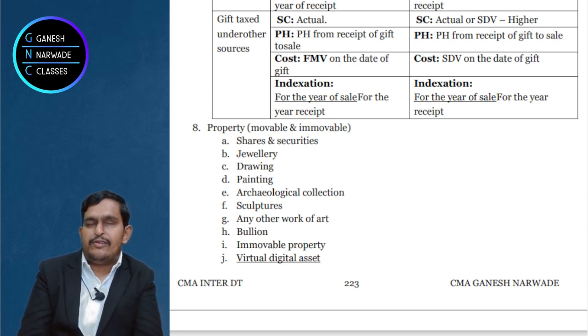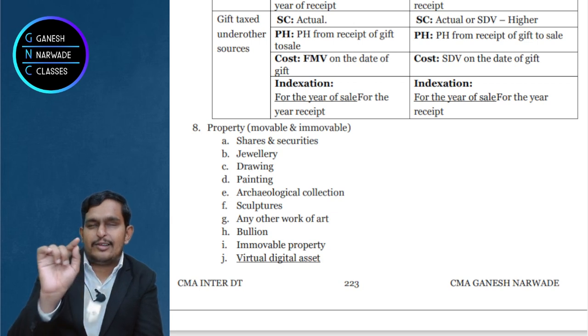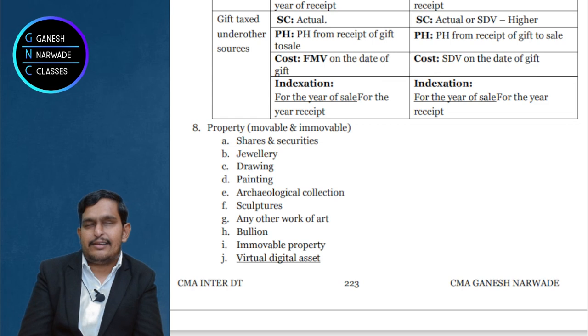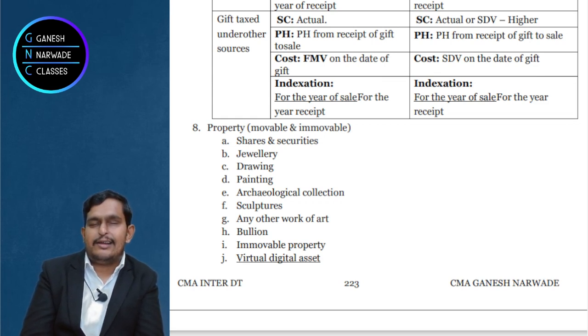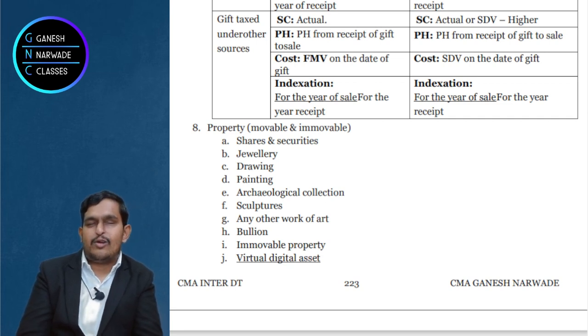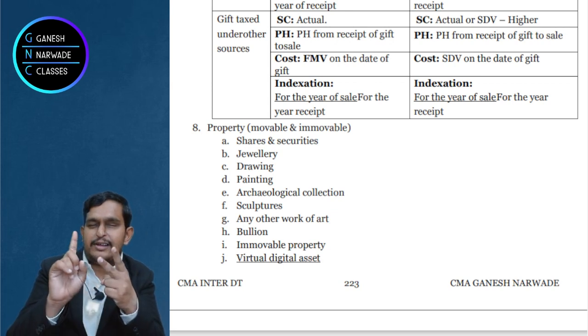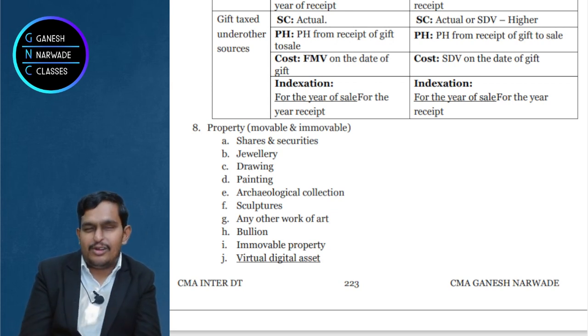So the previous owner's period will be counted only in one case, when the receiver of the gift is not taxed under other sources. And the second compulsory condition is that no consideration is paid by the receiver. So if the receiver got it for free and did not pay other sources tax either, then the previous owner's period of holding is counted.